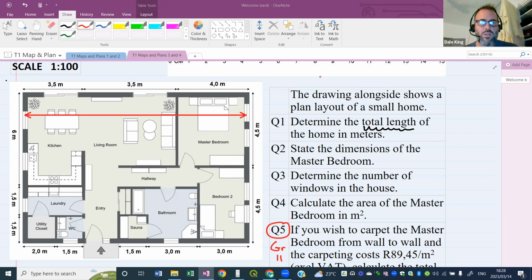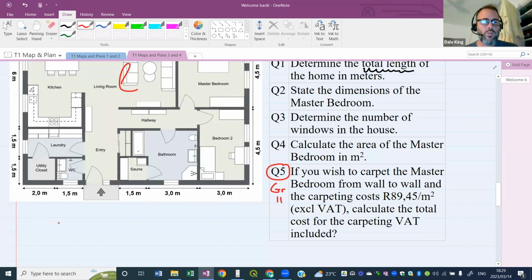So math literacy is all about, never mind the math, the math we can do, it's the translation of the question. So this is the length I was looking for, the length of the house, which means we've got to add up these three portions to get the length of the house. I'll write it down here for question 1.